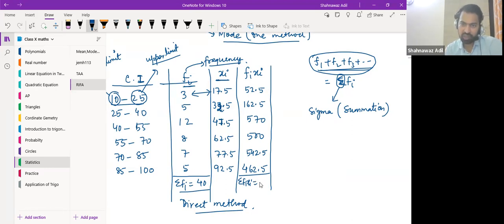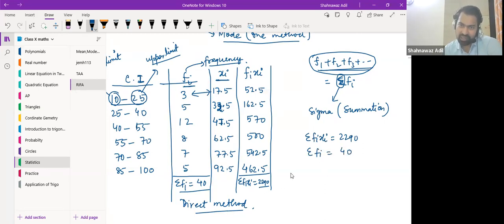So this is 2290. So the summation of fixi we got 2290, and the summation of fi we got 40.